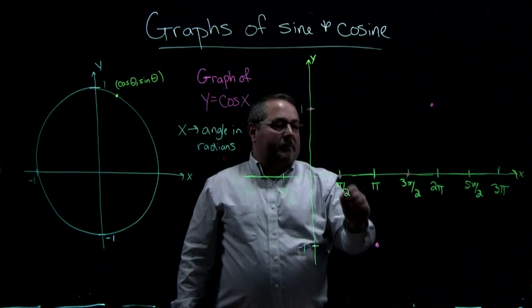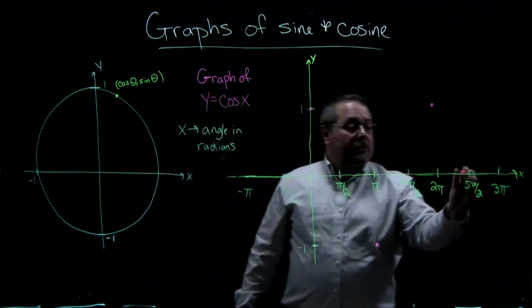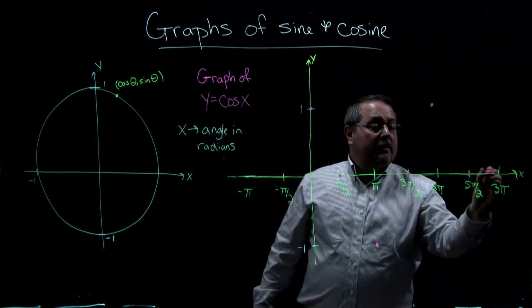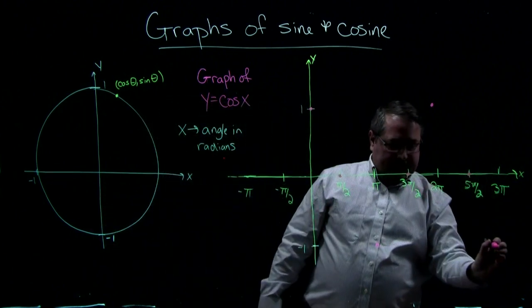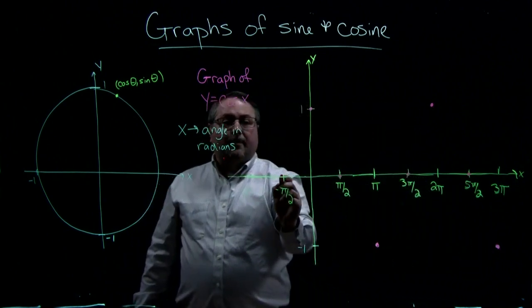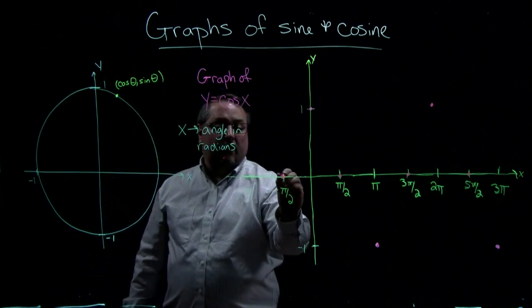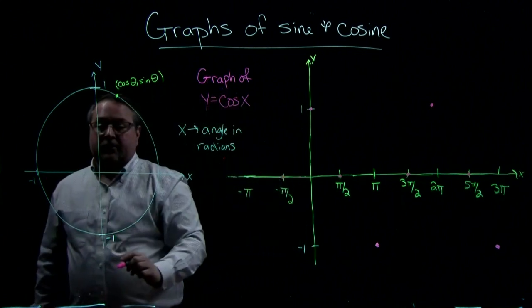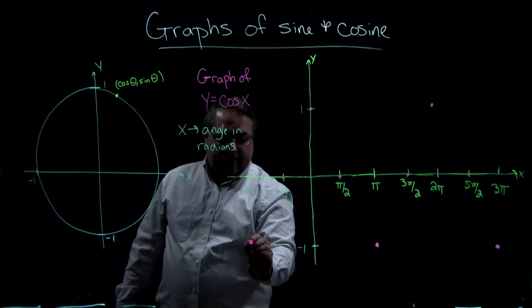And then if we wanted to keep this going, 5 pi over 2 is coterminal with pi over 2, so the cosine is 0. 3 pi is coterminal with pi, so the cosine value is negative 1. Negative pi over 2 is coterminal with 3 pi over 2, so the cosine is 0. And negative pi is coterminal with pi, so the cosine value is negative 1.